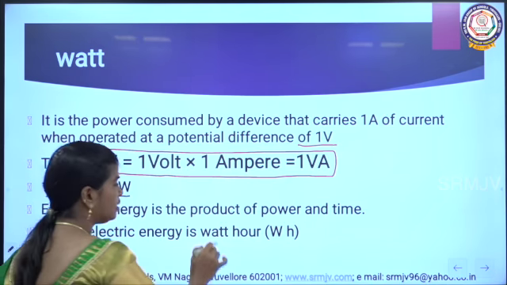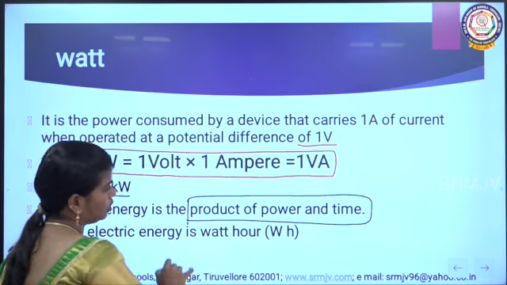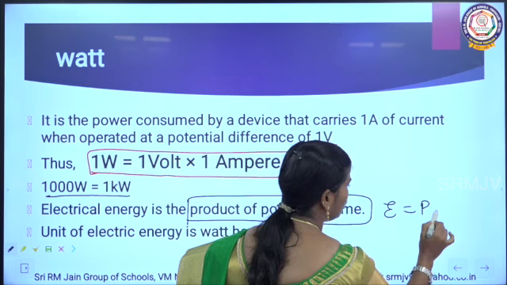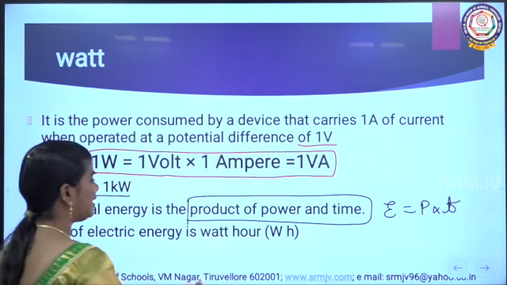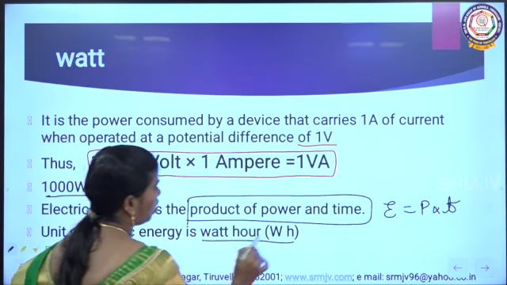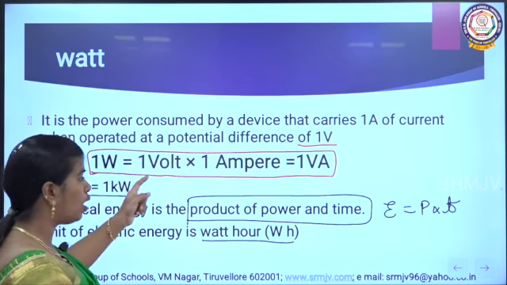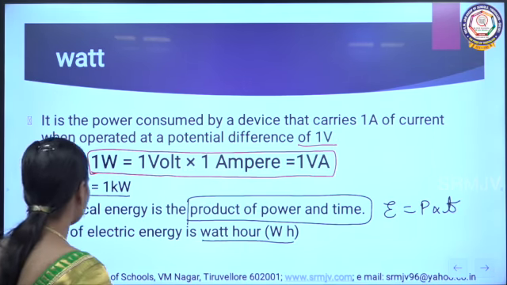And electric energy, as I have already told you, is the product of power and time. So, electric energy can be written as P into T. The unit of power is watt, and the unit of electric energy is watt hour.